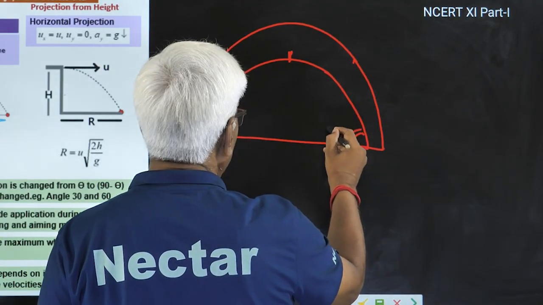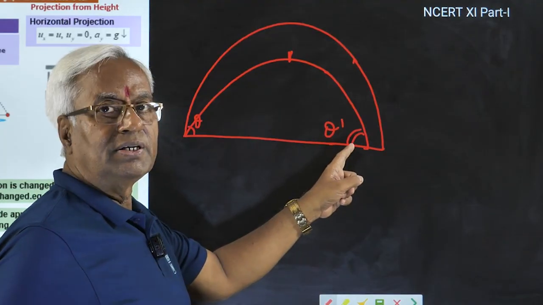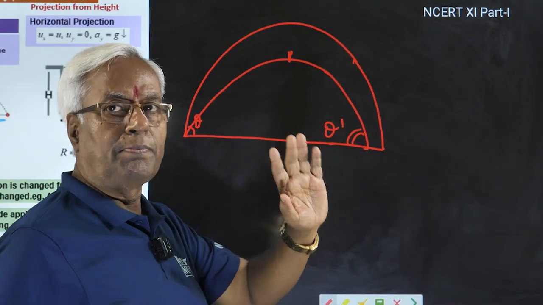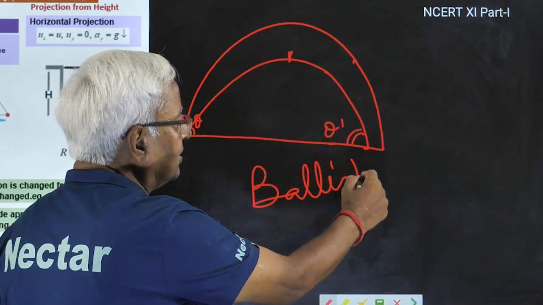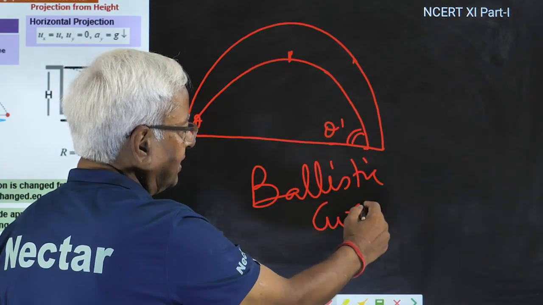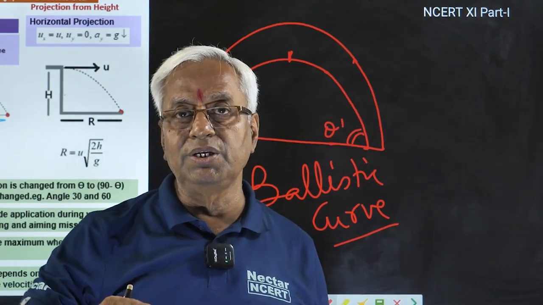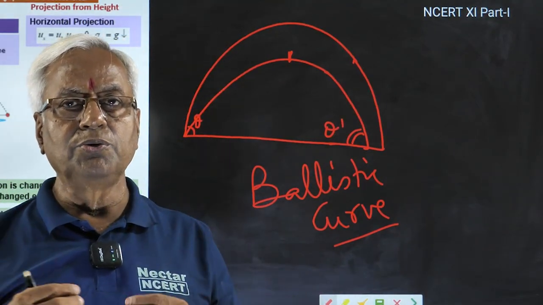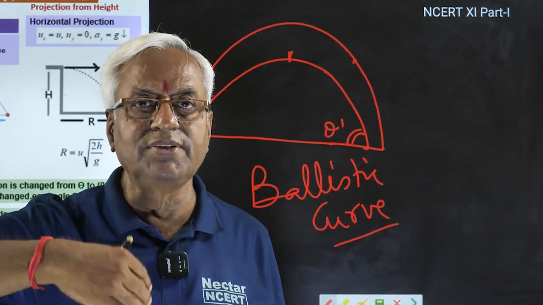This angle has increased compared to this one. The path is no more a parabola. This is known as a ballistic curve. Instead of a parabola, we find a ballistic curve, and based on these curves, we use the term ballistic missile for a high range missile.